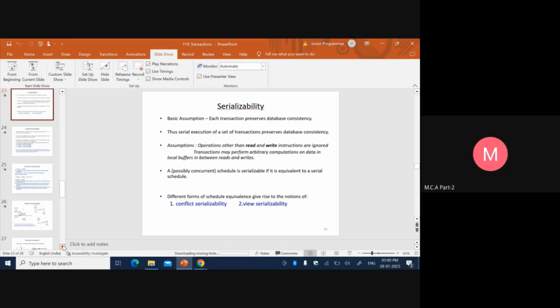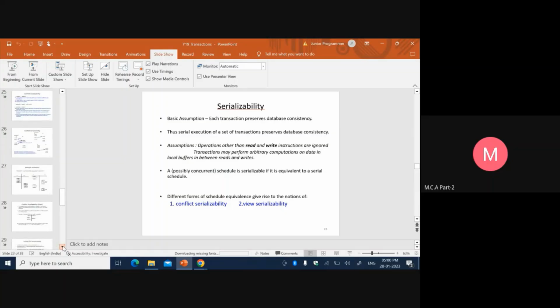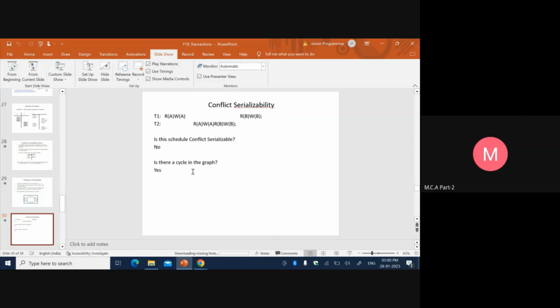So this is what we looked at. Let's look at another example, maybe. So there's another example here, and we need to check whether this is conflict serializable. If you look at the way we have been writing it, we'll continue the same way.